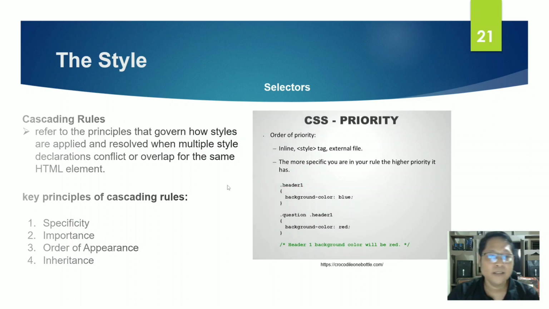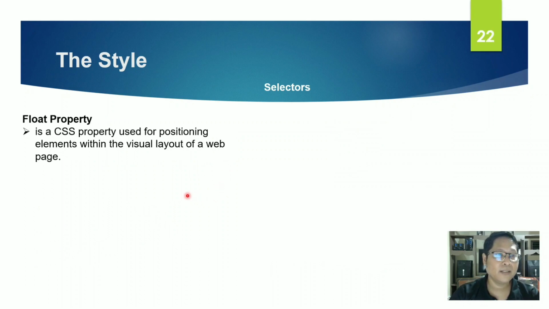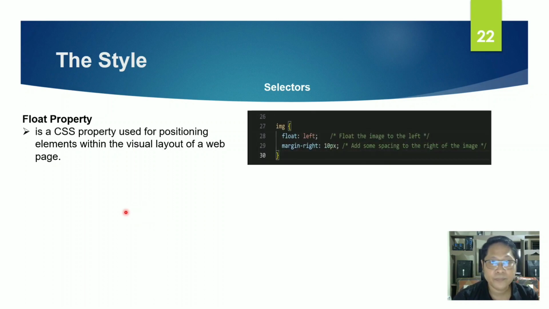Okay. So next we have the float property. The float property is a CSS property used for positioning elements within the visual layout of a web page. This is an example of a float.